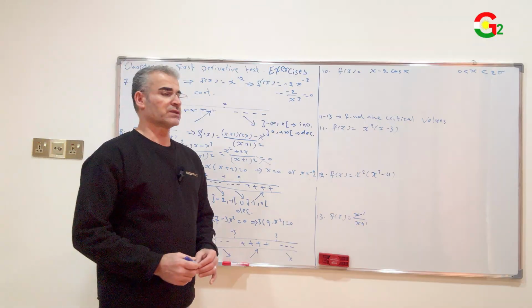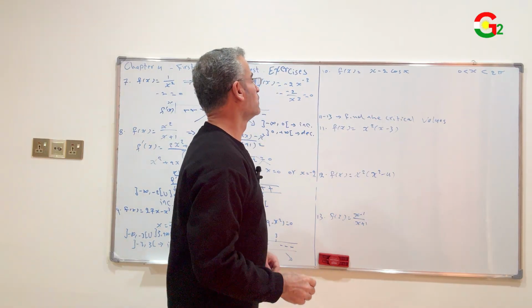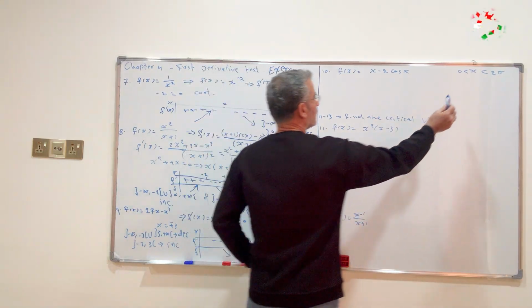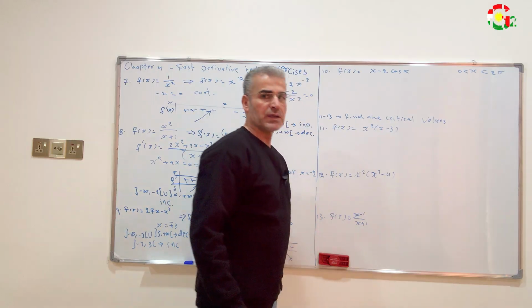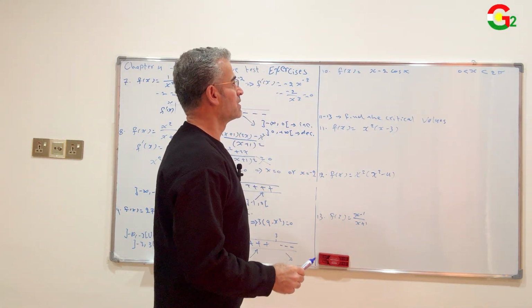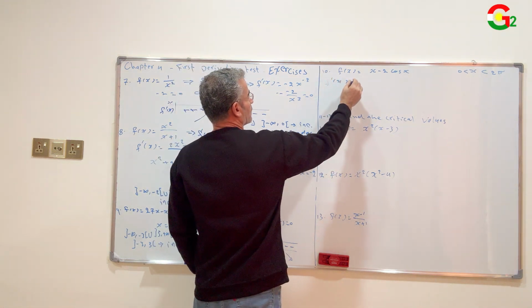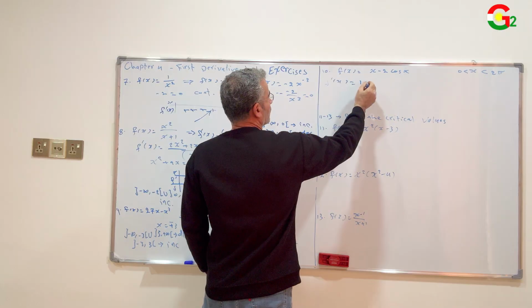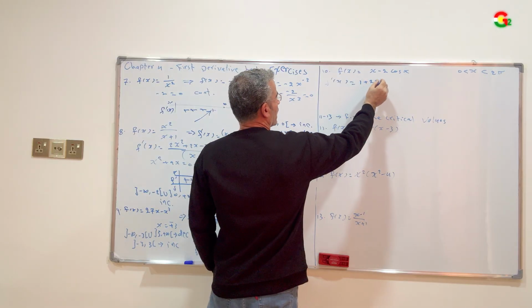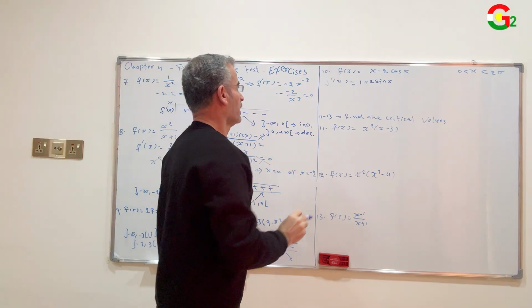Question number 10, f of x equals x minus 2 cosine x. Find the intervals of increasing and decreasing in the open interval 0 to 2 pi. f prime of x equals 1 plus 2 sine x, the derivative of negative 2 cosine x.